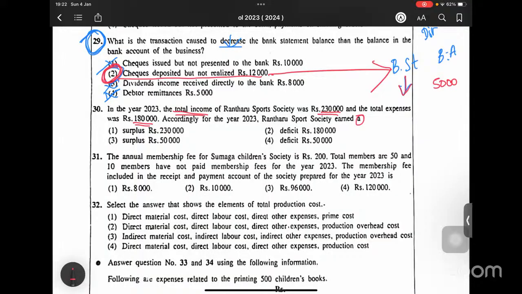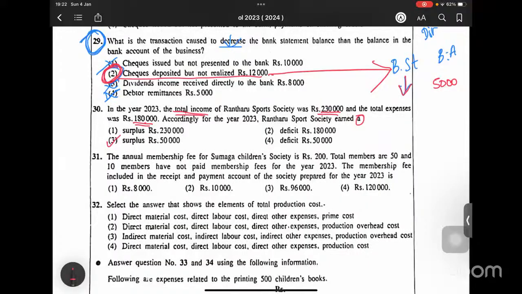What's the answer for this? The total surplus is 50,000, because the total income is 230 and the expense is 180. When you deduct 180 from 230, the answer is 50, and it's a surplus.